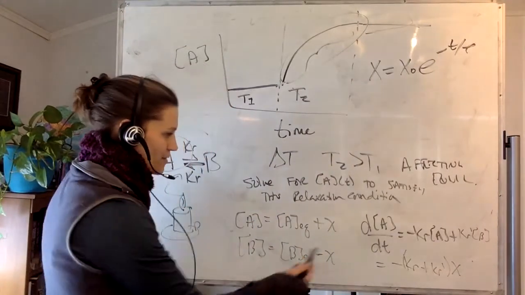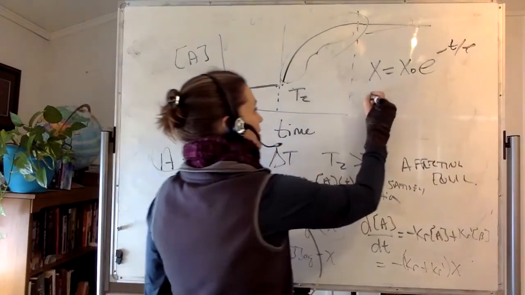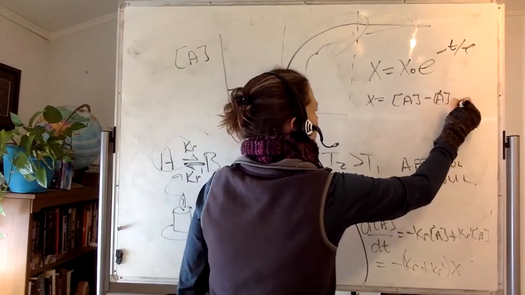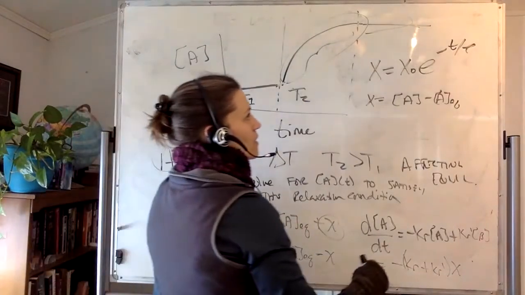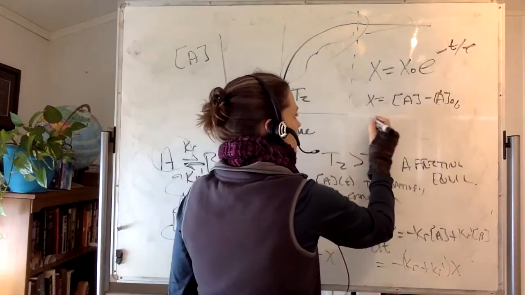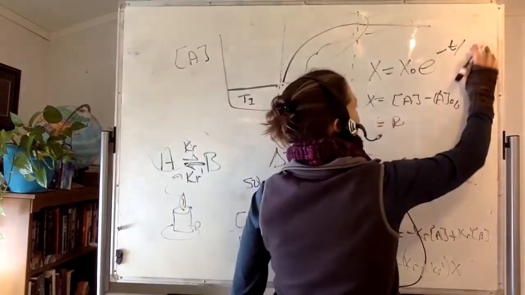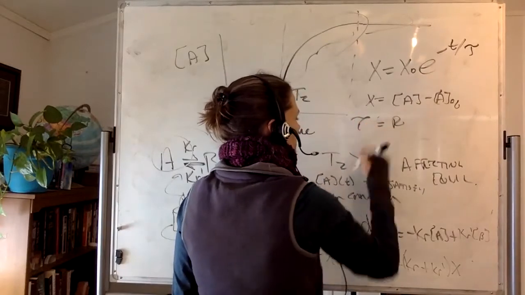So X is equal to the difference between A and A at equilibrium. So X is equal to A minus A at equilibrium. Solve that from here. And then this tau is equal to the, oops. So my taus are weird. Should look something like that, maybe. I kind of do this funky T, whatever.